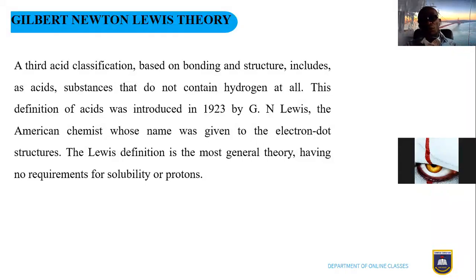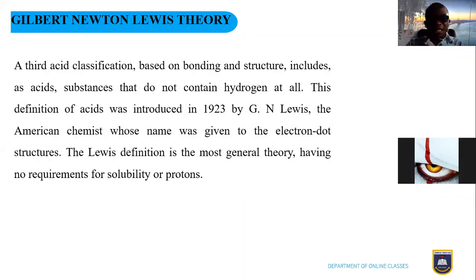He is known for a number of things in chemistry, one of which is what we call electron dot structures, the Lewis electron dot structures under chemical bonding. So just know the name and know when the theory was introduced. The definition of acid and base was introduced in 1923.